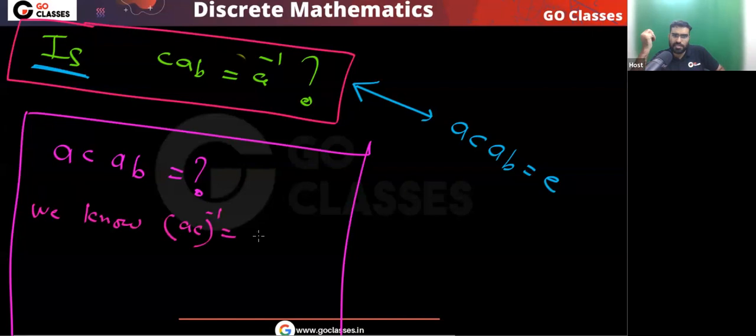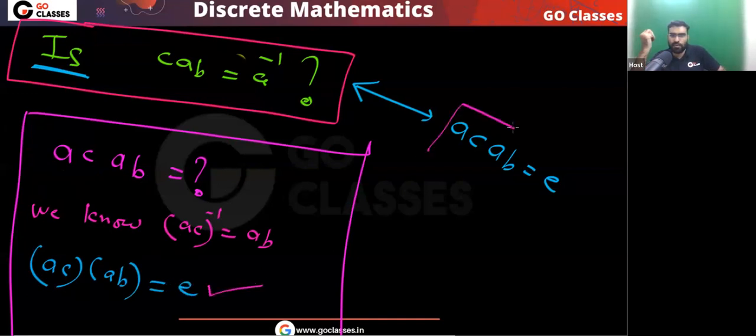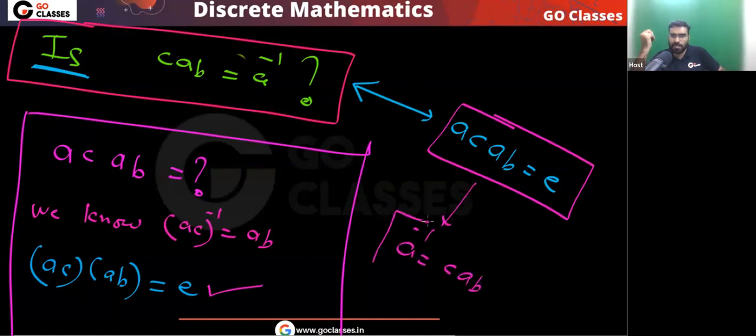If AC inverse is AB, then automatically that will be equal to E. And this is what we wanted to prove. So from here I can say that A inverse will be CAB.